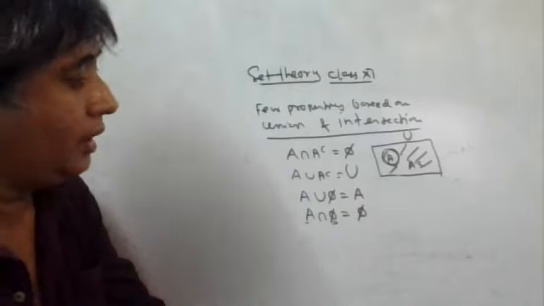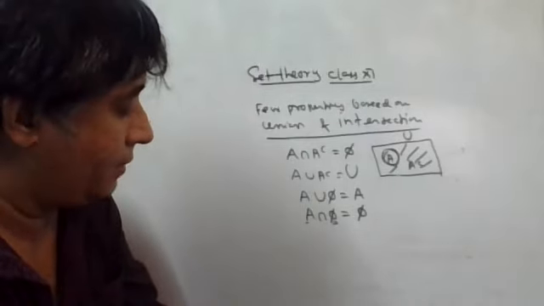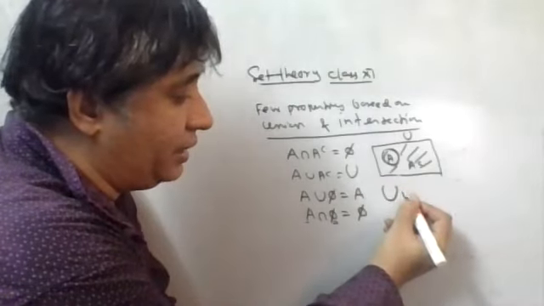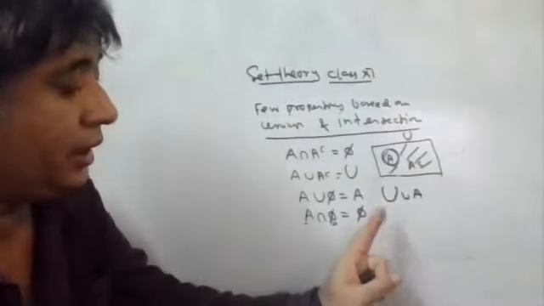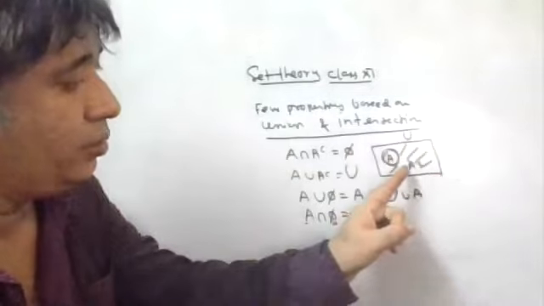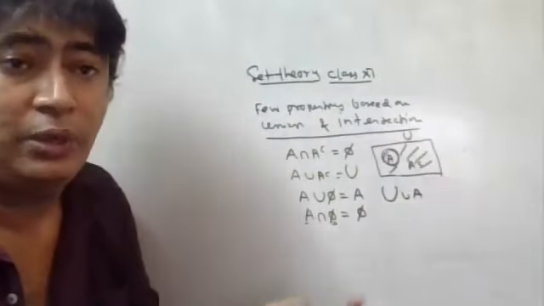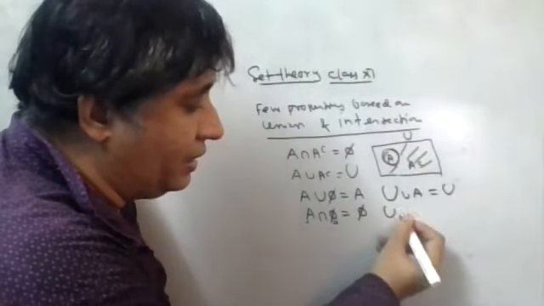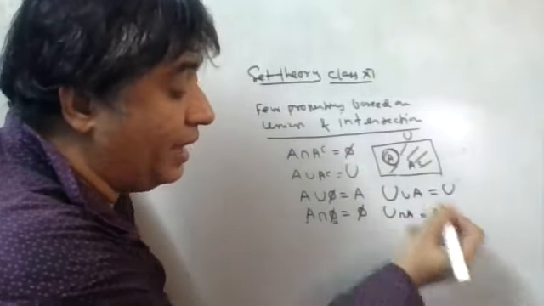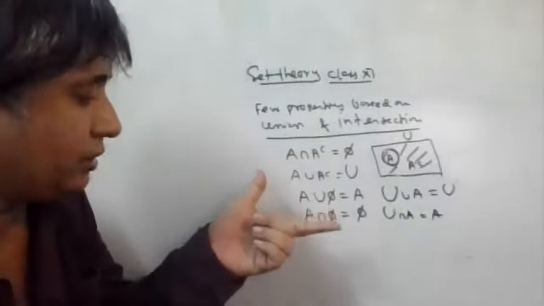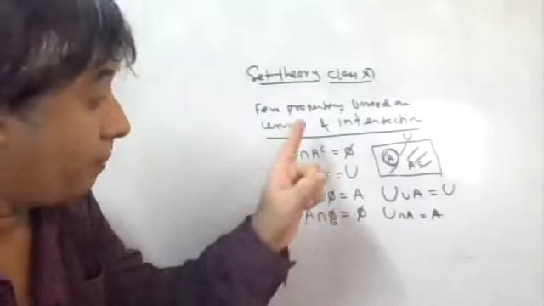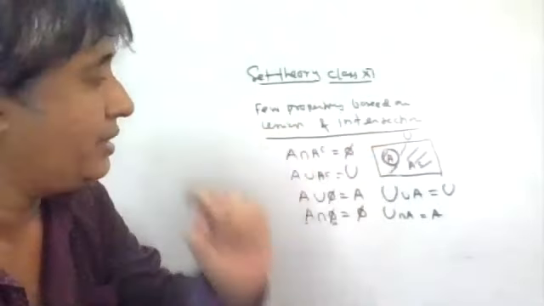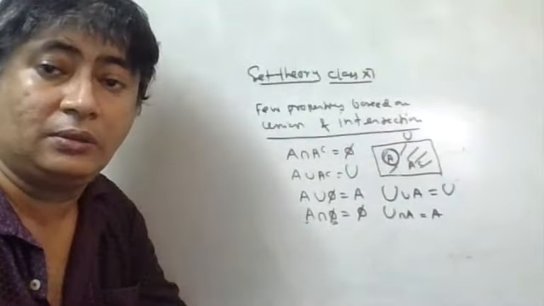Now suppose universal set union A. It will give you the universal set only. And universal set intersection A, the common part is A. So a few of those basic conceptual properties on union and intersection you have to learn.